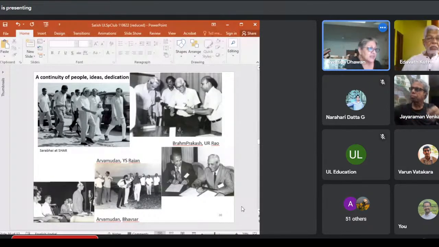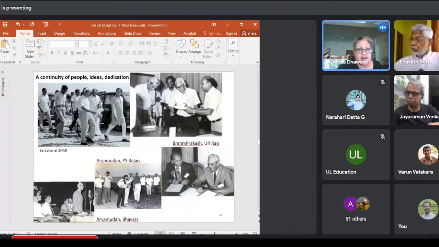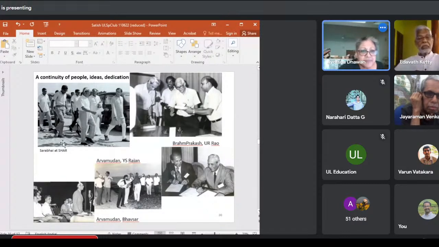Now, Vikram Sarabhai's leadership actually created a community of scientists and engineers. I'm showing you different people here, with Professor Sarabhai at SHAR: Brahm Prakash, U.R. Rao, Arvamudan, Y.S. Rajan, Bhavsar.